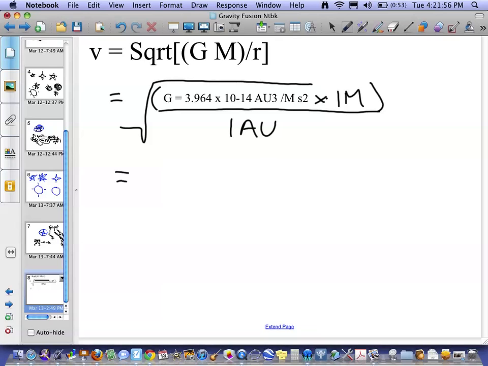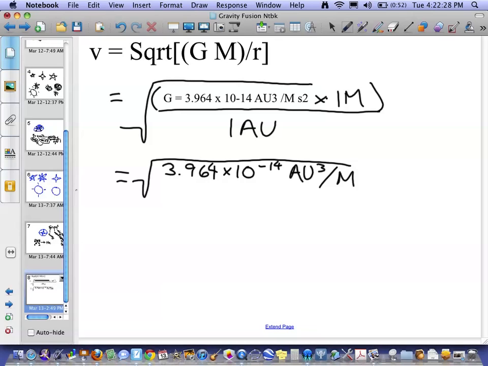As you know, when you multiply a number by 1, it remains the same. So I'm going to write basically everything the same, including the numbers. So 3.964 times 10 to the negative 14 AUs cubed divided by solar mass times second squared, times solar mass.